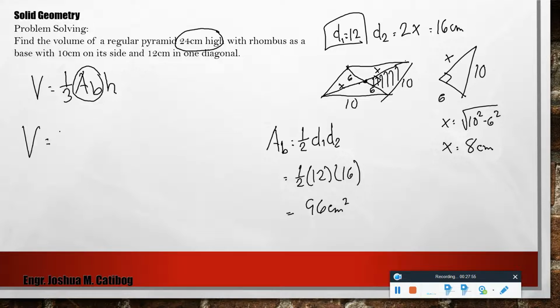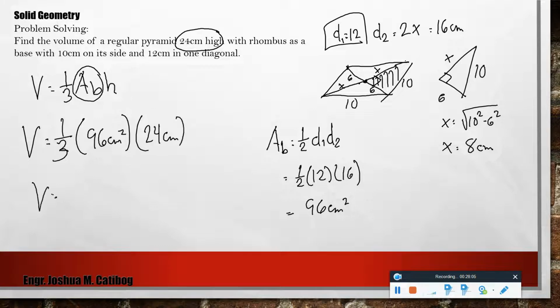So, volume is simply what? 1/3. The area of the base is 96 square centimeters multiplied by the height of 24 centimeters. So, volume is simply what? We have here 768 cubic centimeters.